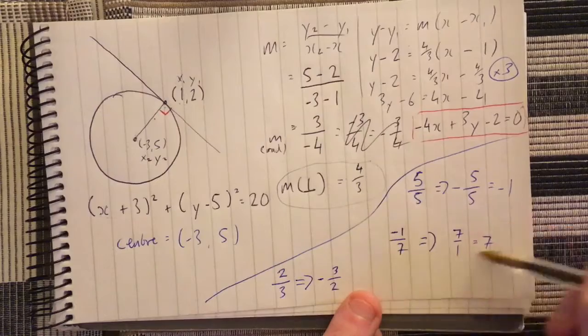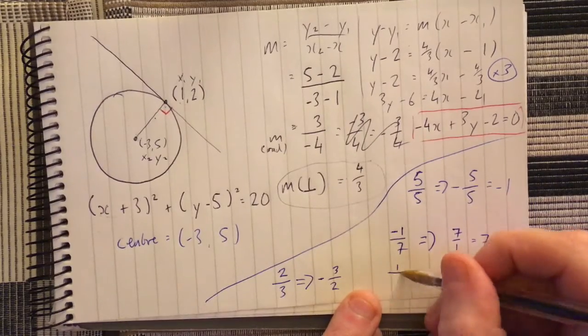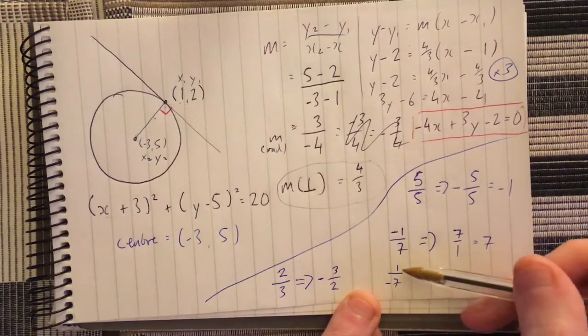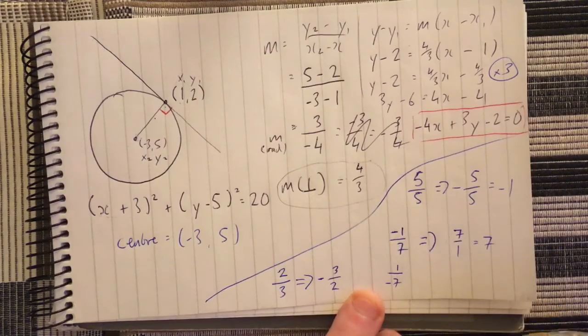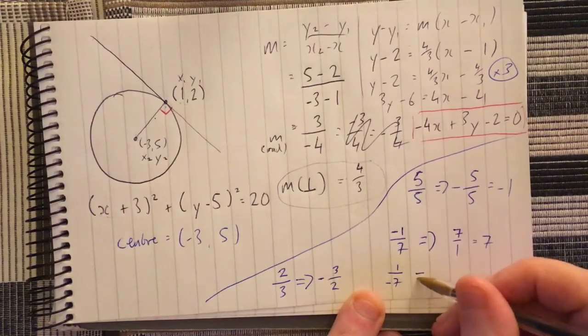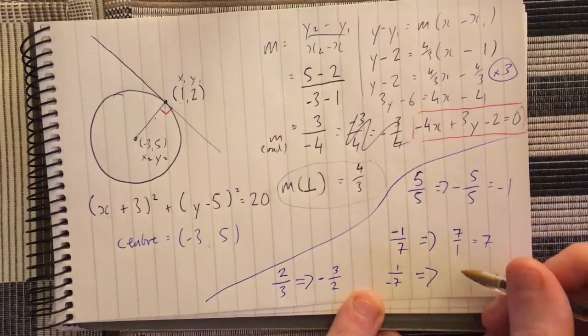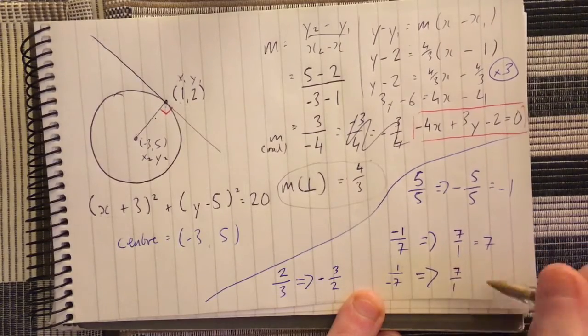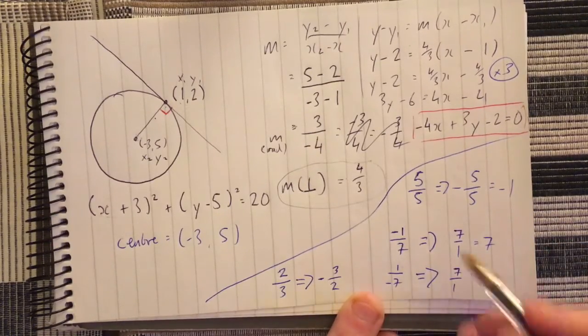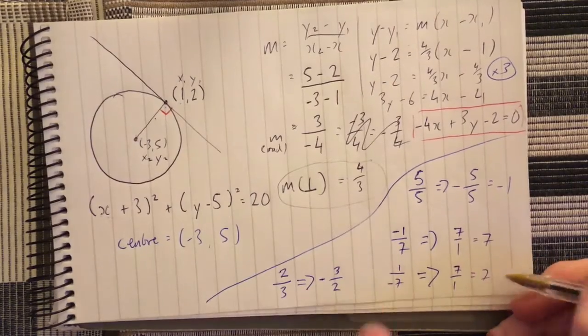Okay. If this was written as 1 over minus 7, if you happen to get this out of the slope formula, this just means the same thing as this. So 1 over minus 7, the slope of a perpendicular line to that would be flip it, 7 over 1, and change the sign. So plus 7 over 1, which is 7.